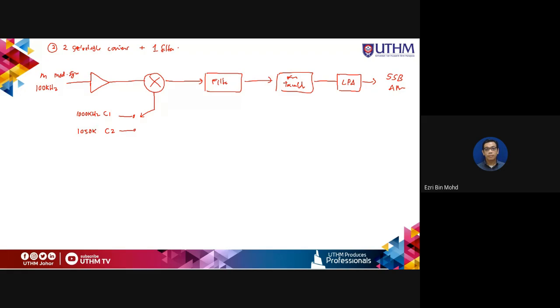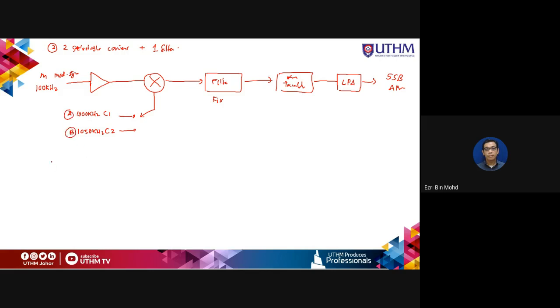Okay, for example. So the filter here should be fixed, what does that mean? Fixed characteristic, meaning fixed behavior. Okay. So here let's say A, B.